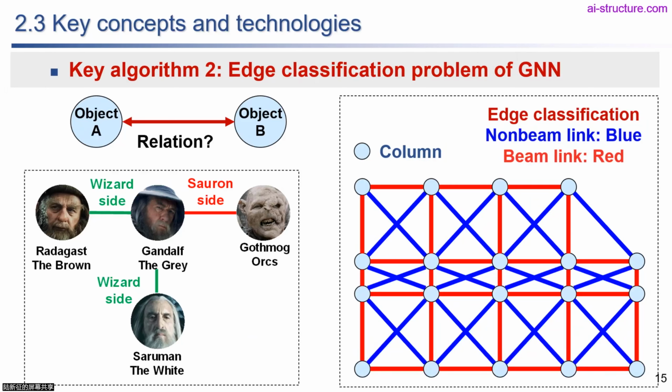But some of the links are the real-world beams we need, and some are not real. We don't need them. So the AI can learn and identify: make all the links we need red, and the links we don't need blue. Then we finally get the layout of the beams.